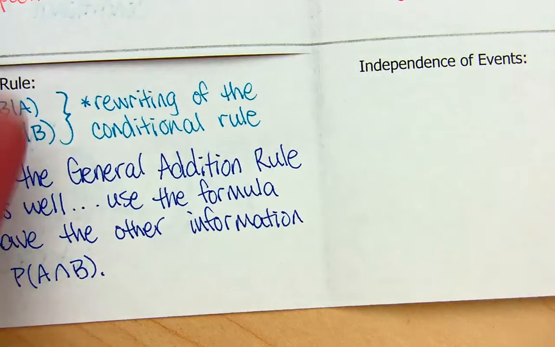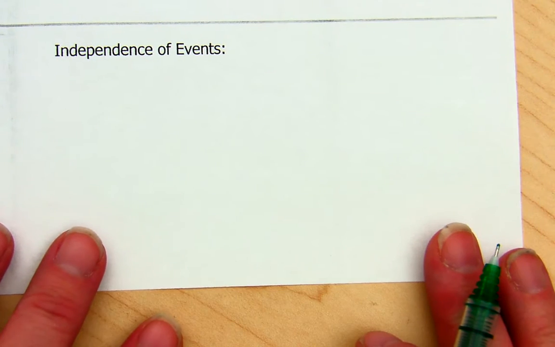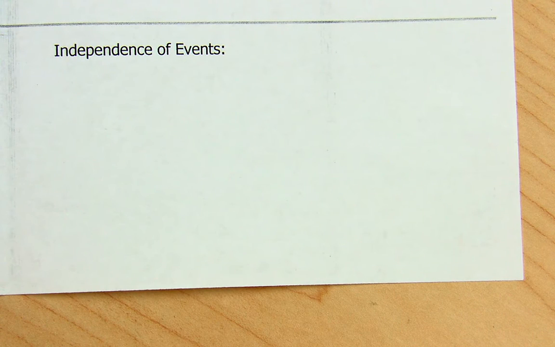So, this idea of independence is going to come back up. We talked about independent and dependent when we were looking at the segmented bar graphs, and we were comparing them, and we said if they're different, they're dependent, if they're the same, they're independent. That same idea is going to come back here. We're going to be able to look at two different events and see, are these events independent or are they dependent?